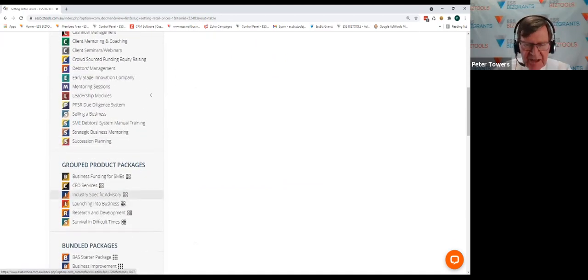Now, all these products on the left-hand side are included within the gold package, which we're now calling the advanced package. But our promotion at present is on the business advisory services starter package and the industry specific advisory and the retail pricing calculations is all within the starter package, and everything within the starter package is then reflected in the gold or advanced package.